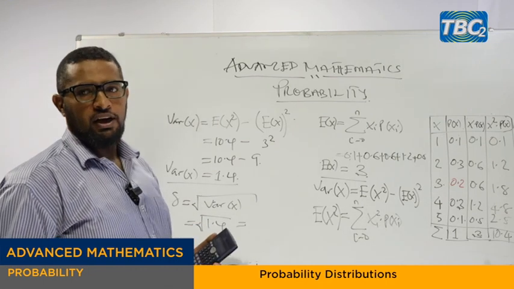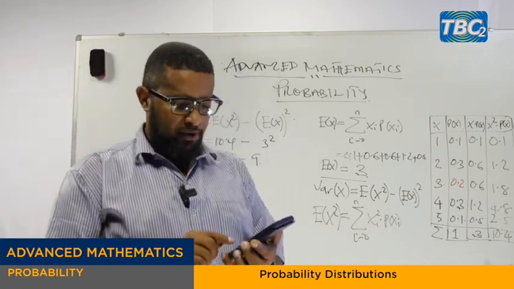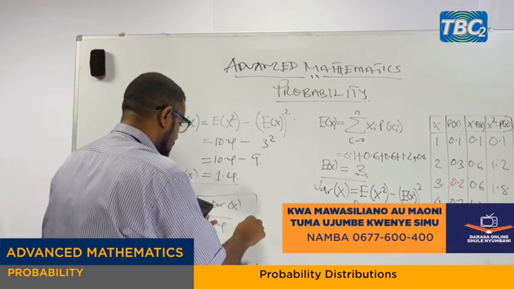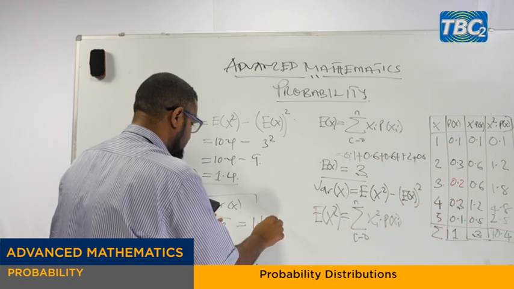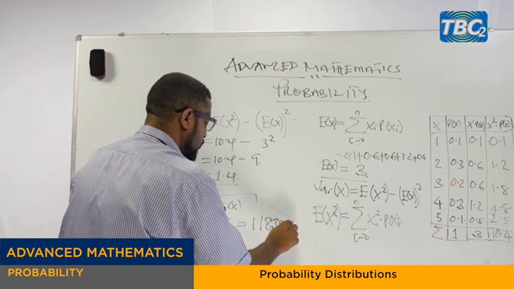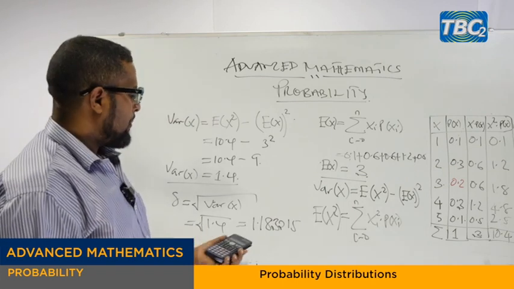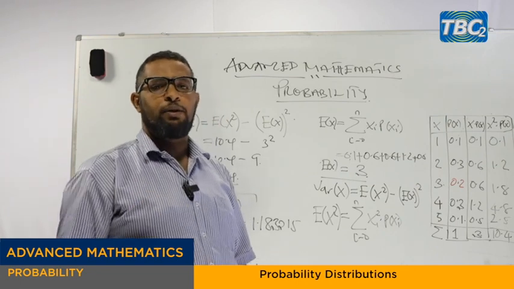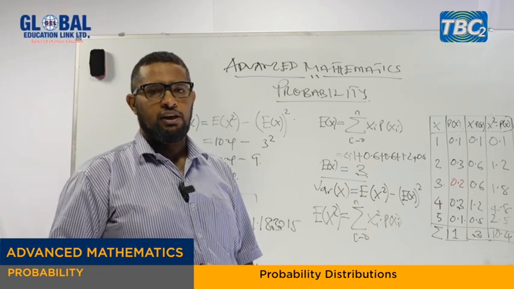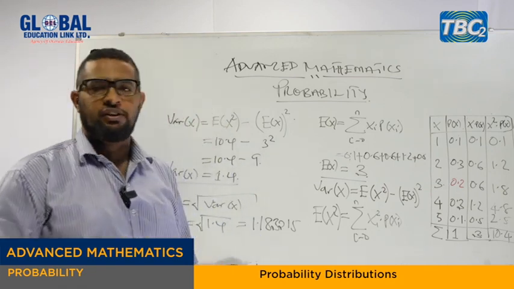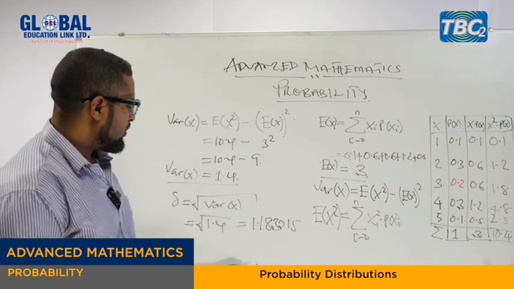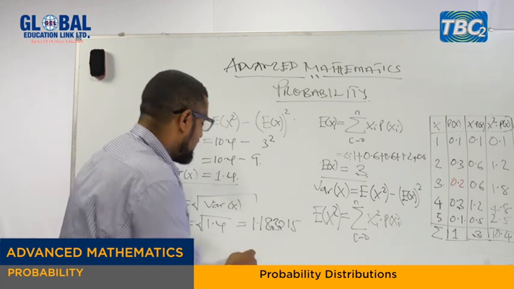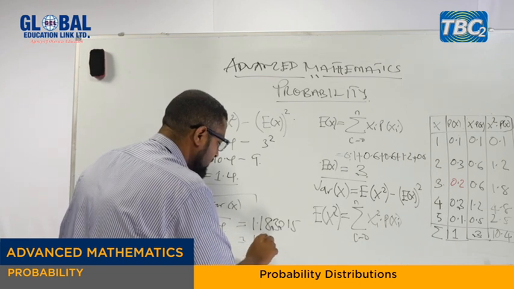Again, use your calculator, find the square root of 1.4, which is 1.183215. But here it depends. If you ask to write the answer in number of decimal places or significant figure, my dear student, that one is also a question that might come in your exam. So if it is in 4 decimal places, you'll end by writing 1.1832.